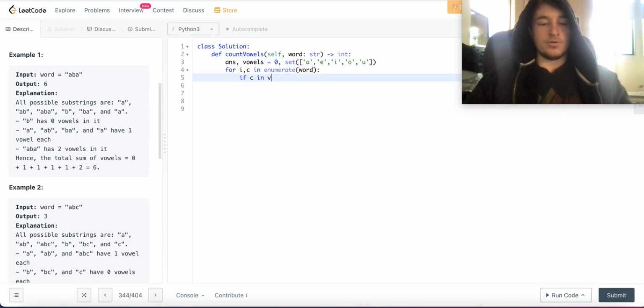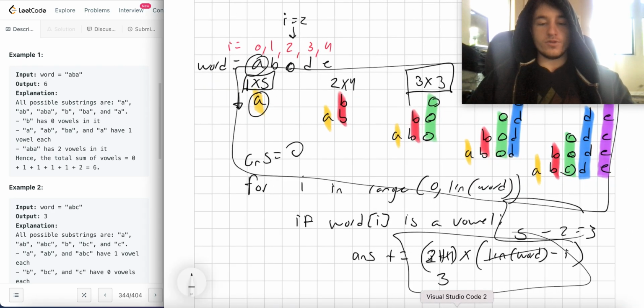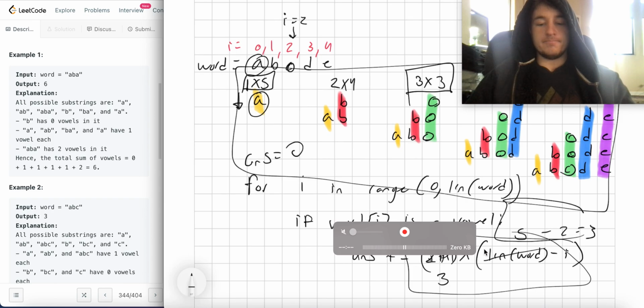If it's in this set of vowels, so it's one of the vowels, then our answer is going to be incremented by what again? Well, we're going to add in I plus 1 times length of word minus I. Because we just determined that relationship from the number of times this letter exists in a substring from this system, because it had a height 2 and length 4.